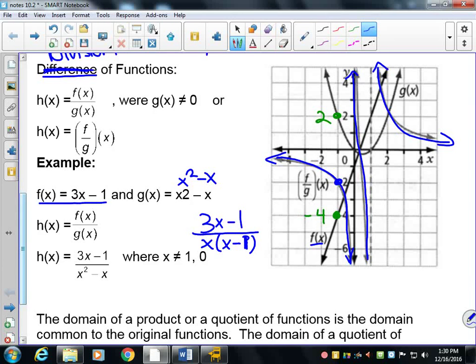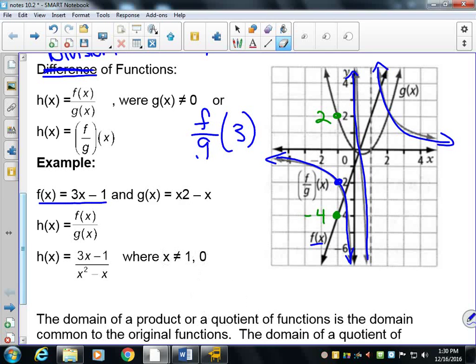I'm probably not going to ask you to graph them rather than solving the equations. Let's say I wanted to know what f divided by g of 3 was, right? So, how would I solve this?